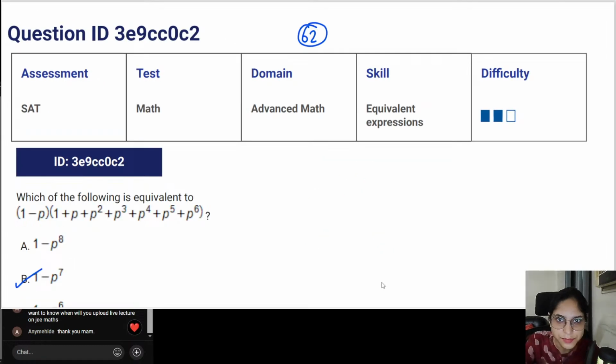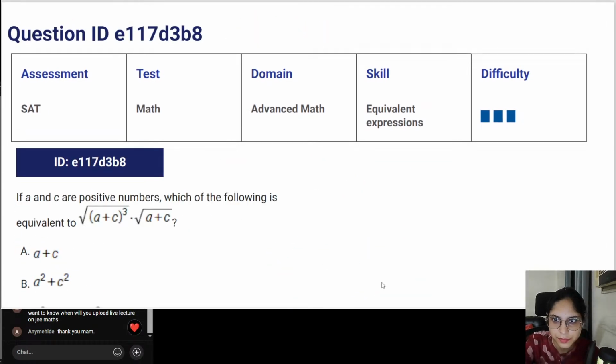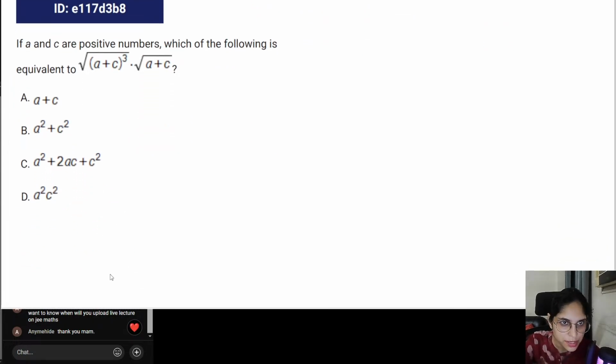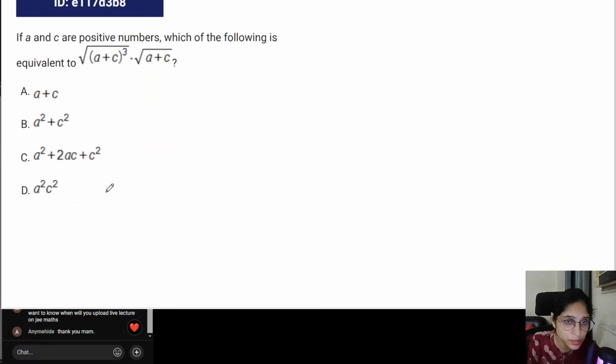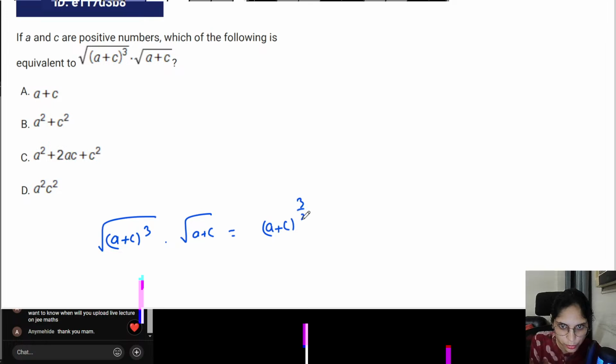Next is 67. You have square root a plus c, cube and square root a plus c. This will be a plus c to the power 3 upon 2.